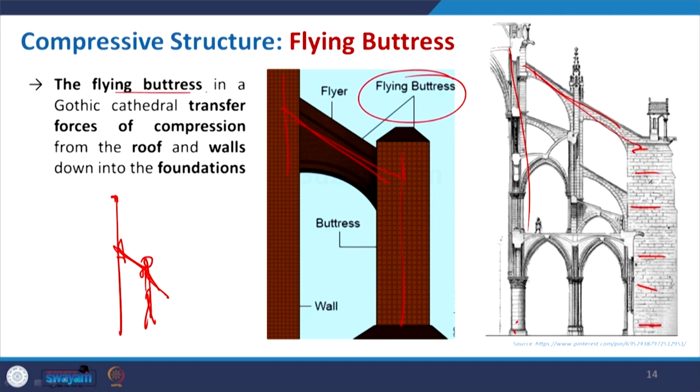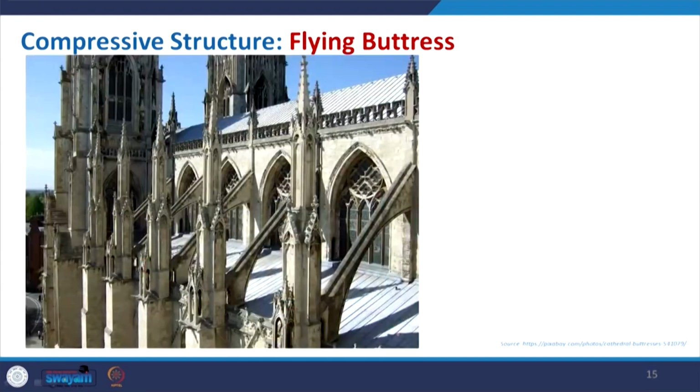The flying buttress in a Gothic cathedral transfers the force of compression from roof and wall down to the foundation. Whatever the load is, it is transferred to the flyer, goes down, and finally transfers to the foundation. This is a very important kind of compressive structure used in those cathedrals.